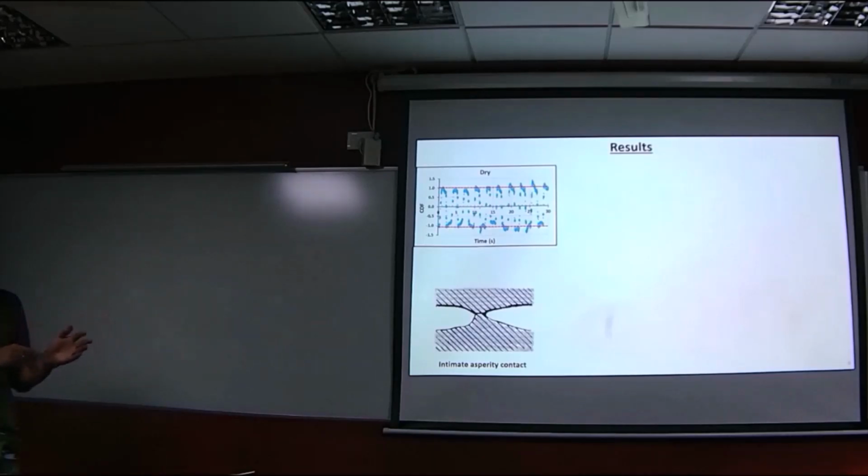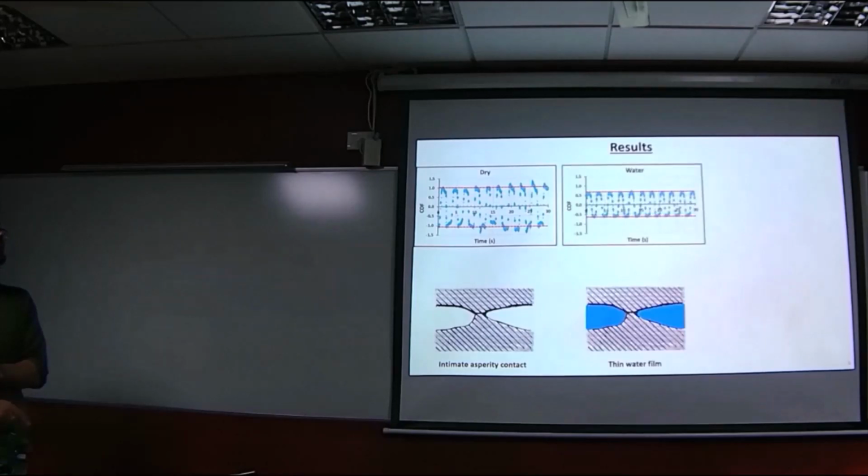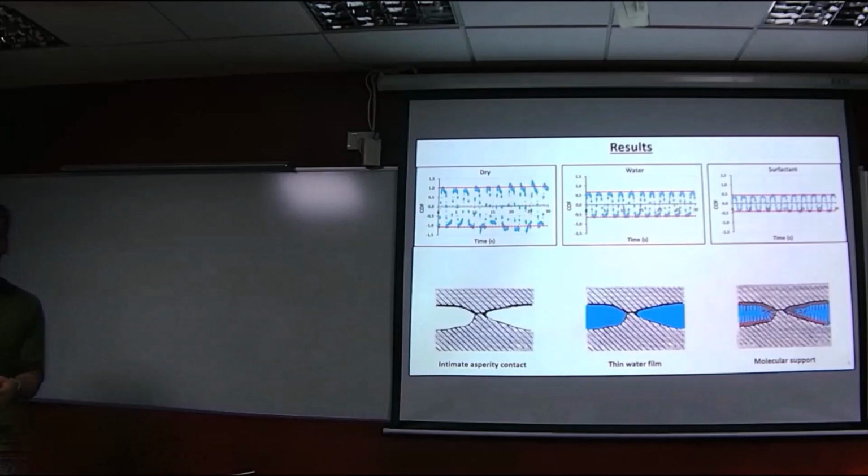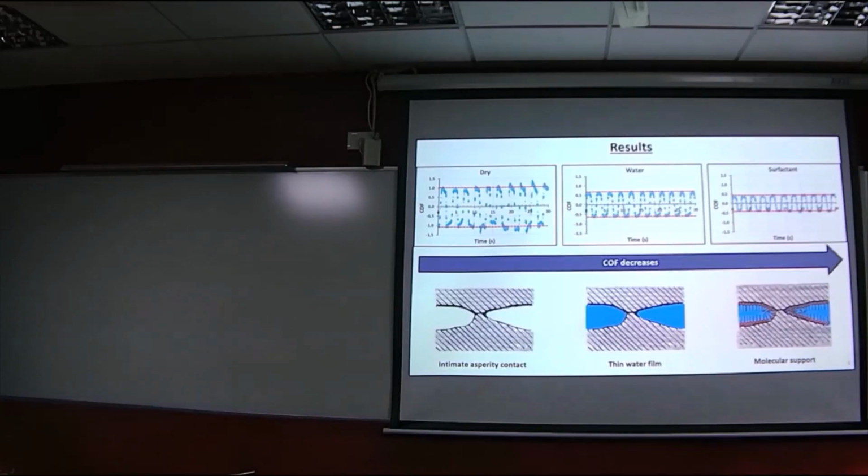This is the result for the dry case, where many of the asperities are directly in contact. However, if you add water, you see a decrease, but the magic really happens when you add a surfactant solution. If you compare the third graph to the first, the decrease is quite obvious, and at this point, we believe that it is this molecular assembly present on the interface that is really doing something special. However, these are at this point merely models or hypotheses.